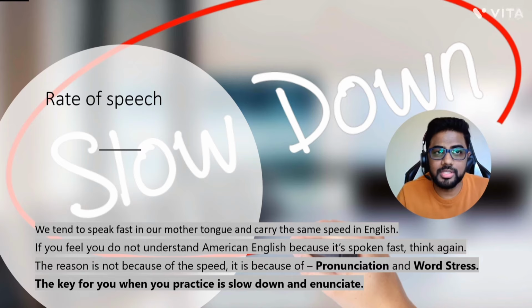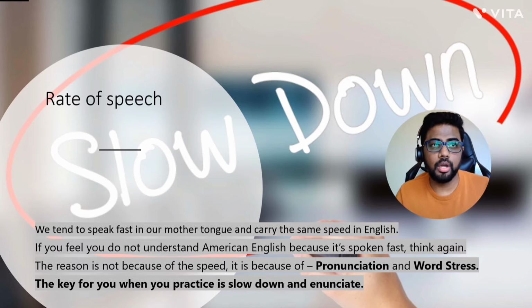The reason is simply because of the word stress, the intonations, the pronunciations that we are not used to. Now, the key for you to practice when you are trying to learn any of these native English accents, either UK or US, is that you slow down and you enunciate. You do not let the mother tongue influence the rate of speech of your English. So remember to slow down.